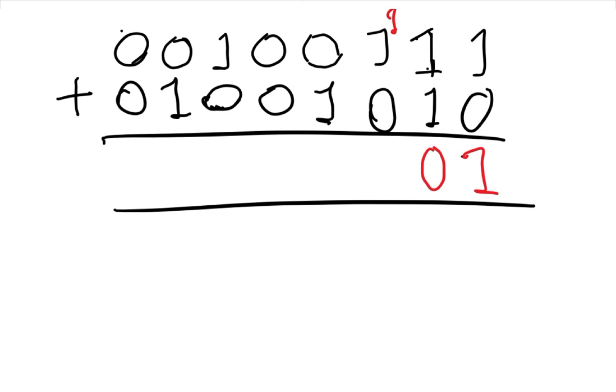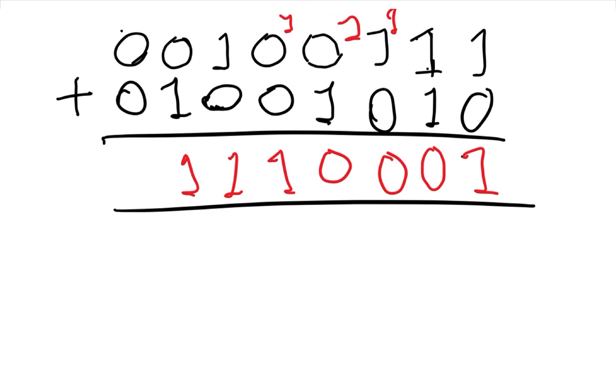1 plus 0 plus 1 has a carry 1 and a sum 0. 1 plus 0 plus 1 again has a carry 1 and a sum 0. 1 plus 0 plus 0 has a carry 0 and a sum 1. 1 plus 0 has a carry 0 and a sum 1. 0 plus 1 has a carry 0 and a sum 1.